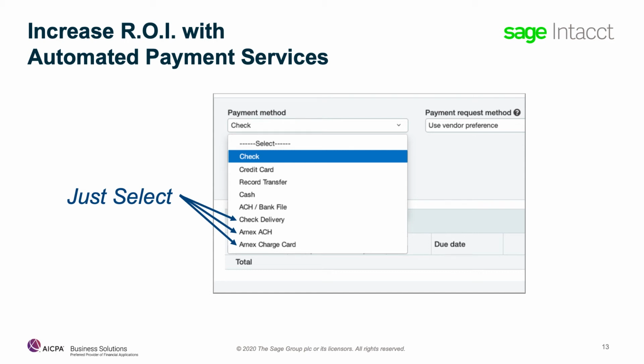American Express ACH eliminates the need to create and maintain all those NACHA files. We also have Amex Charge Card, where you use an American Express card loaded into Sage Intacct to pay bills. It creates a more secure transaction by only sending the vendor a one-time use number rather than your actual account number.